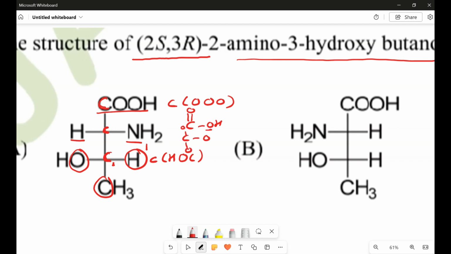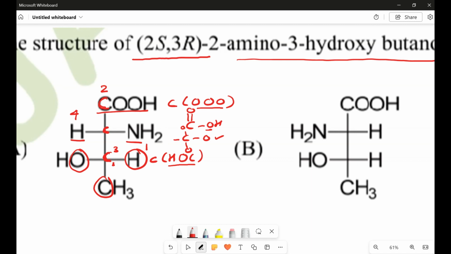Therefore, you have a carbon attached to three oxygens. So the C with three oxygens takes a higher priority compared to a carbon with one hydrogen, oxygen, and carbon. So this carbon gets the second priority, the carbon below gets the third priority, and hydrogen gets the fourth priority.